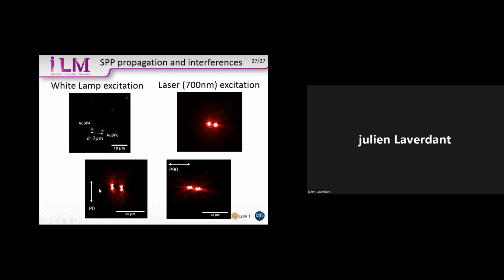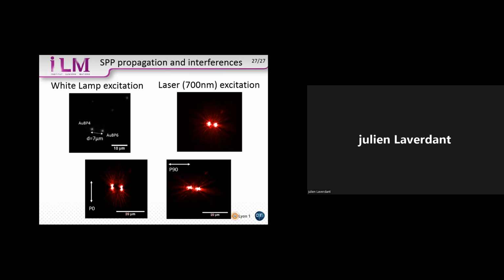And if you set, for example, a polarizer, you can force the light to go either vertically or horizontally. What is interesting is that in between the two bipyramids on the last right image, you see that there are some fringes of interference. So this means that the two bipyramids are talking to each other.